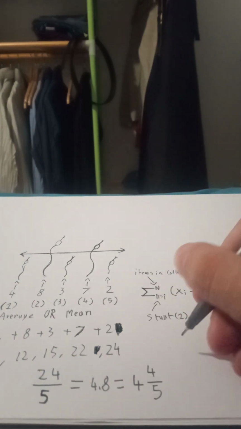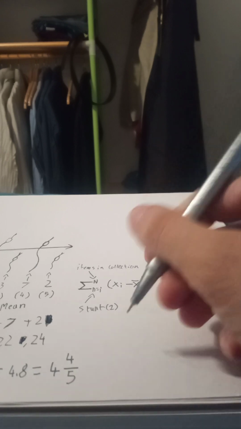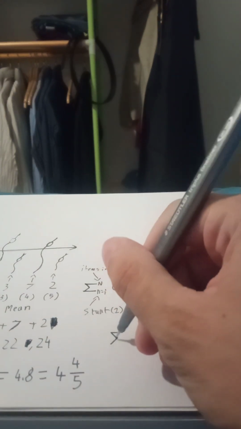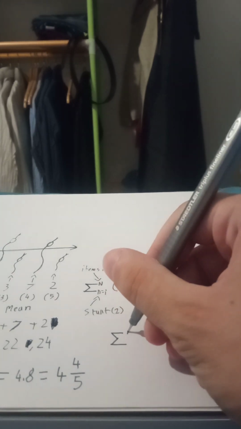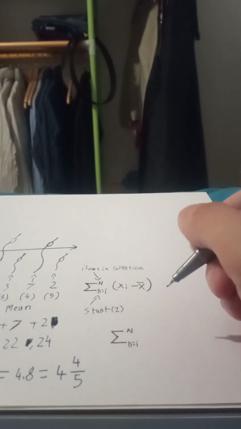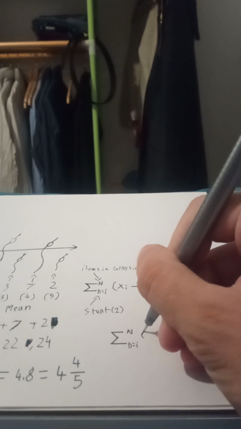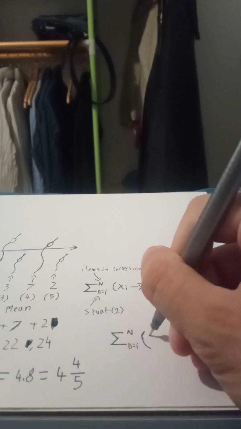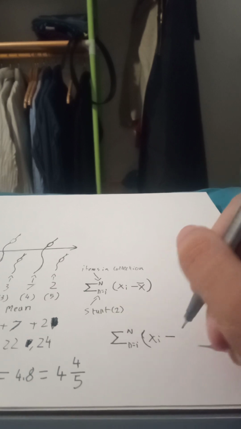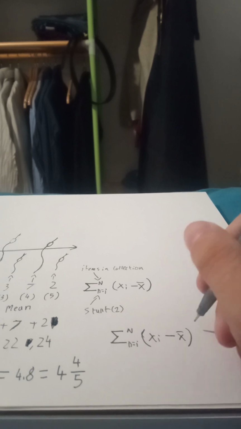but what you do is, I'll just move the camera a little bit. What you do is you do this bit here, right? So what we're going to do is go through and, for every item in our collection, do something to it. What we do is take away the average, okay?